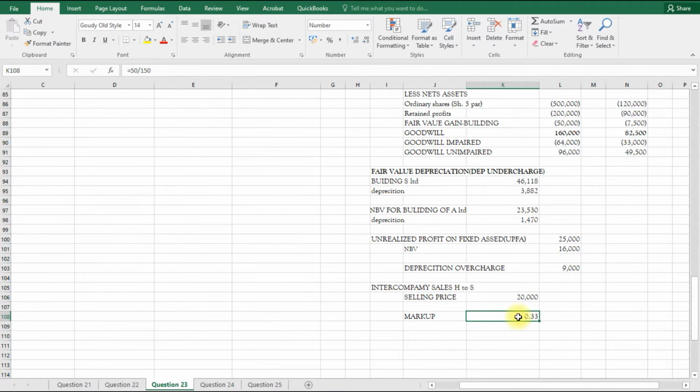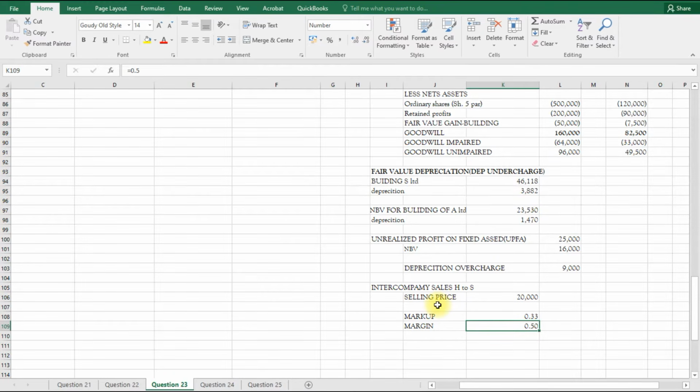To convert a markup into a margin, we normally minus 1, so our margin will be half, 0.5. So the markup was 33%, and the margin will be 50%.